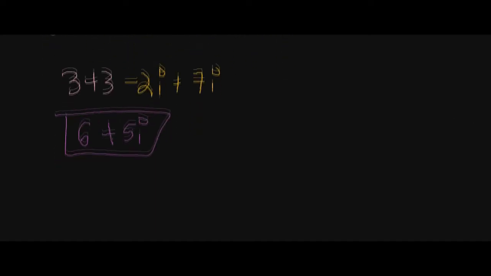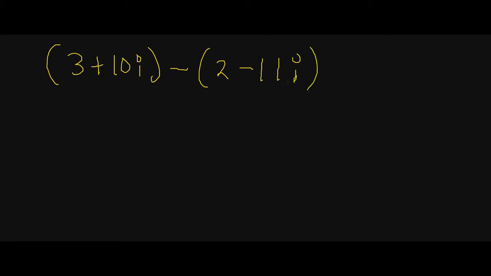All right, well, let's look at another example problem, maybe one that tripped us up a little bit more on the exam. So let's say we have 3 plus 10i minus 2 minus 11i, in parentheses. Well, now we have to be careful here, right?